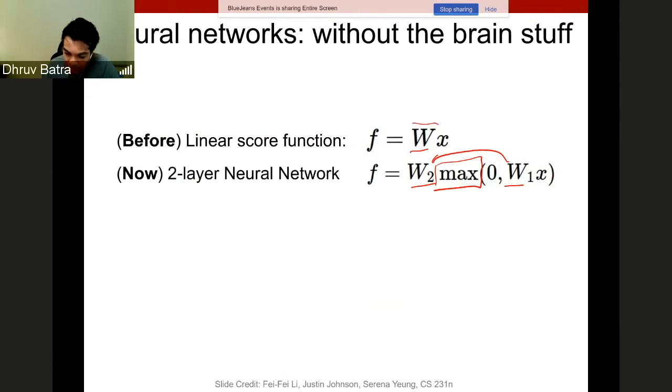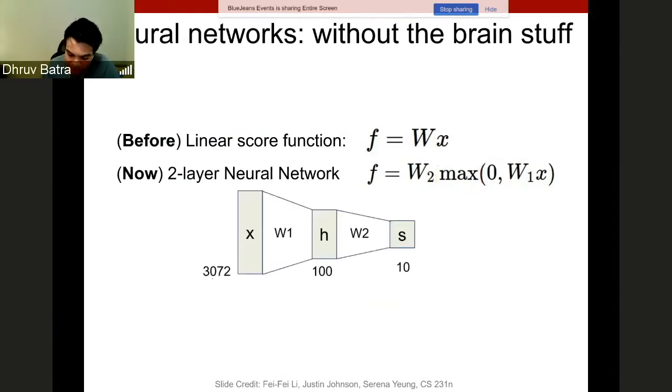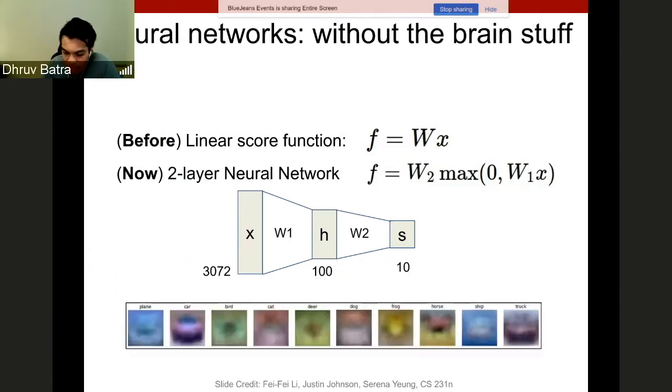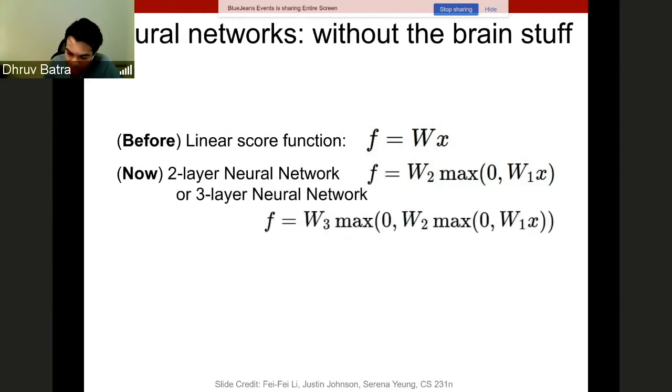This is hierarchical compositionality. This is the basis for hierarchical compositionality, that we have a sequence of operations happening that are converting some high dimensional input representation into perhaps lower dimensional representations that are extracting templates or other things from this data. And we can, of course, make this as deep as we want by repeating this process.